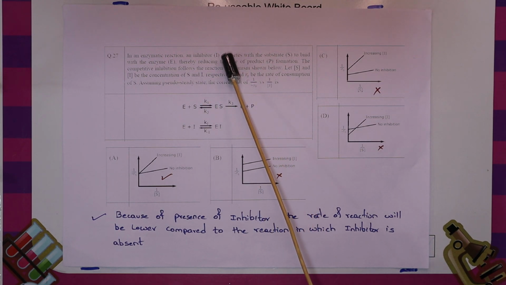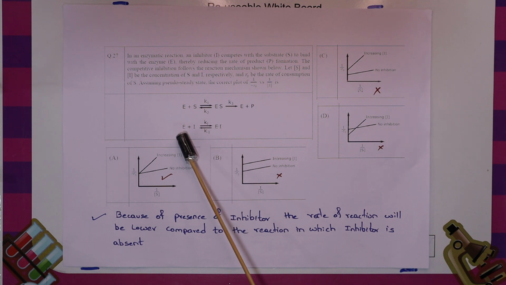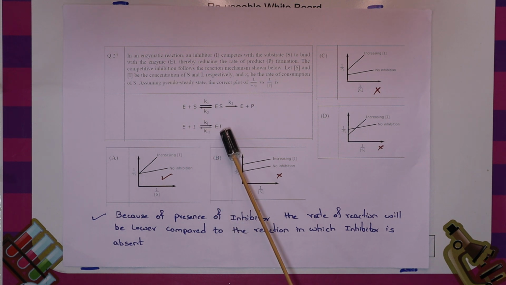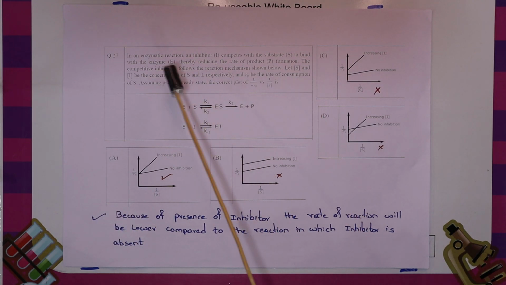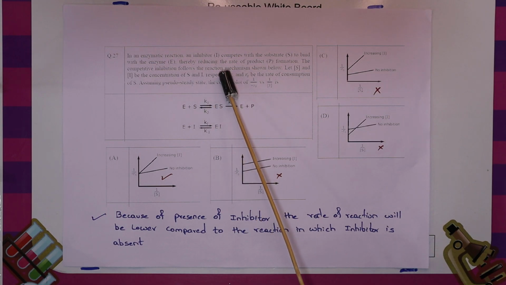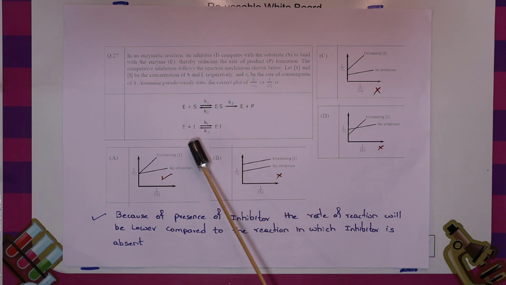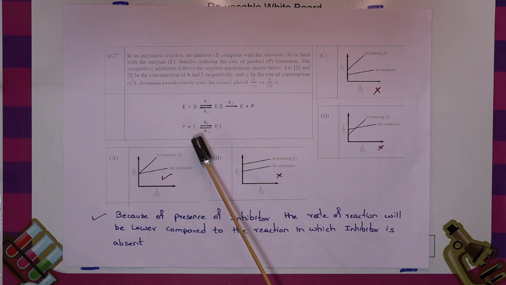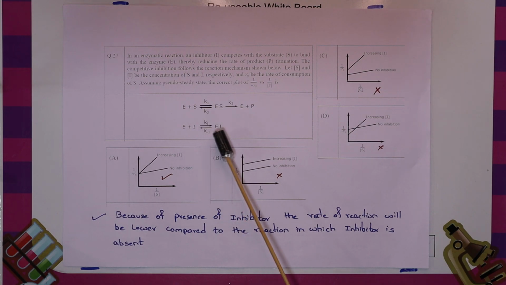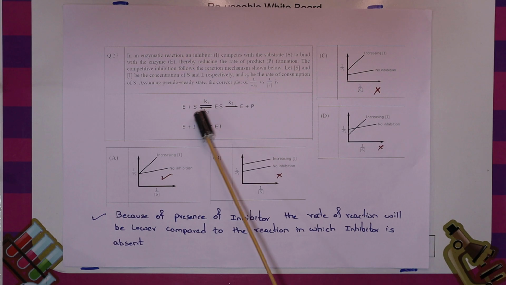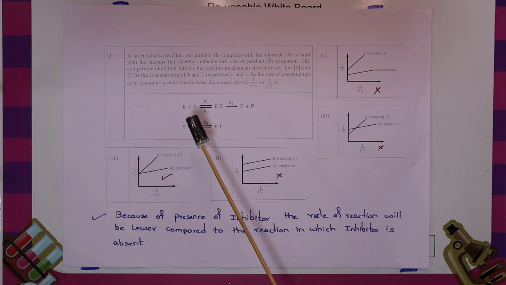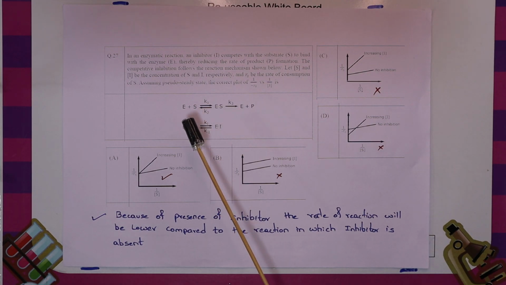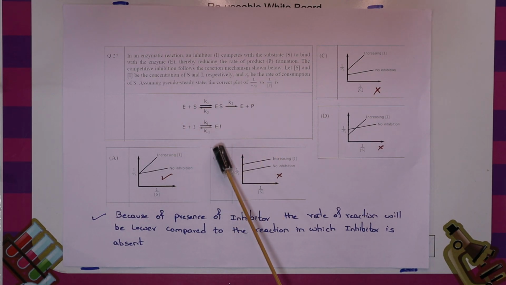That means the inhibitor attached to the enzyme forms an enzyme-inhibitor complex, and it slows down the formation of the product. The competitive inhibition follows this reaction mechanism. Let us see what competitive inhibition gives.